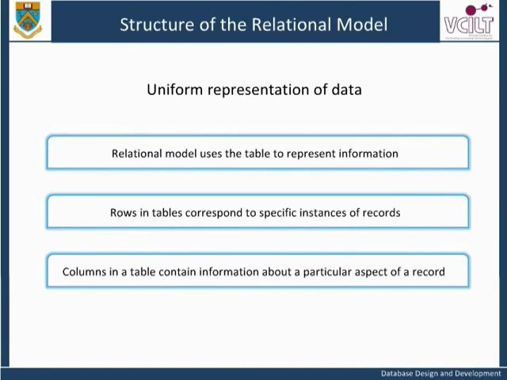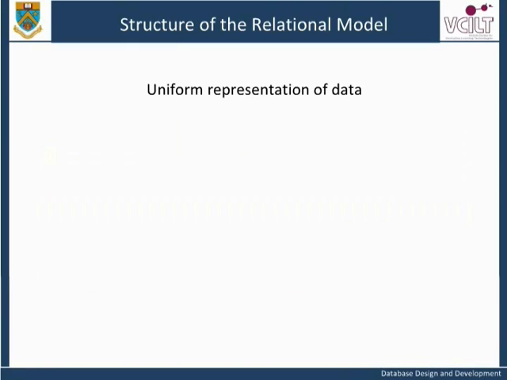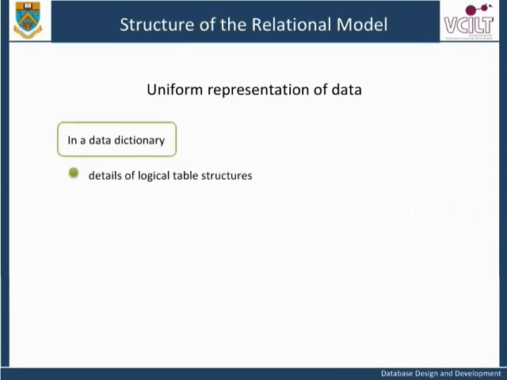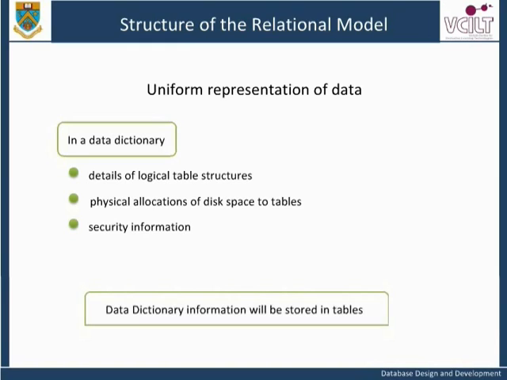Much of the power and robustness of the relational approach derives from the use of simple, tabular structures to represent data. As an illustration of this, consider the information that might typically be contained in part of the data dictionary of a database. In a data dictionary, we will store the details of logical table structures, the physical allocations of disk space to tables, security information, etc. This data dictionary information will be stored in tables in just the same way that, for example, customer and other information relevant to the end users of the system will be stored.